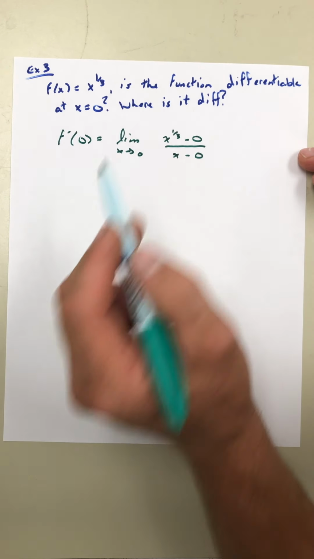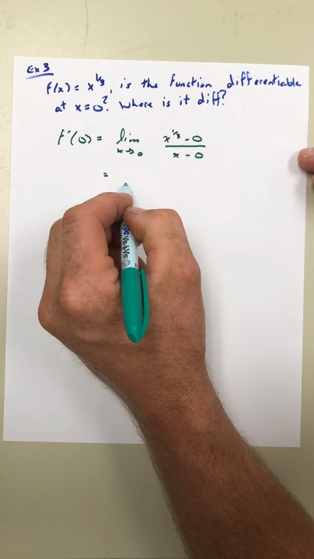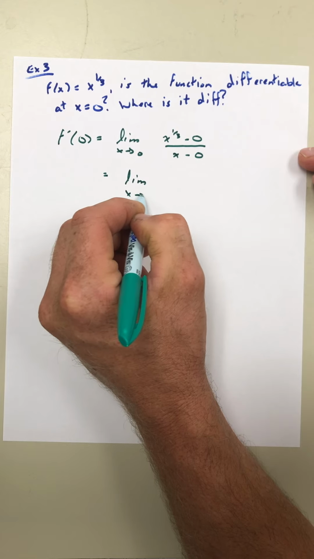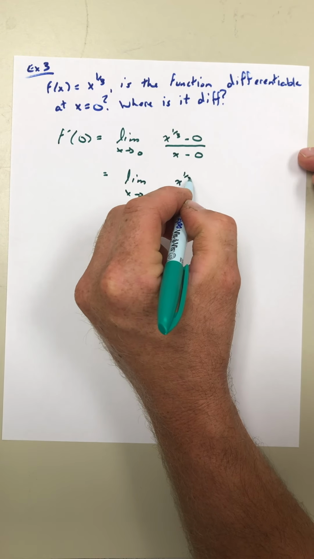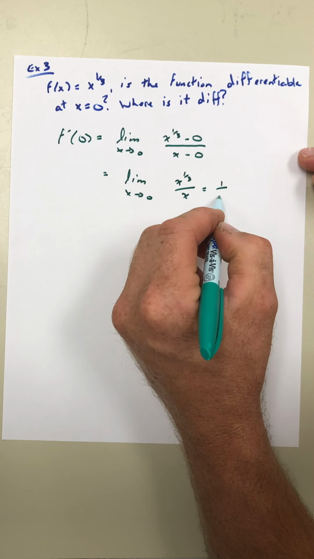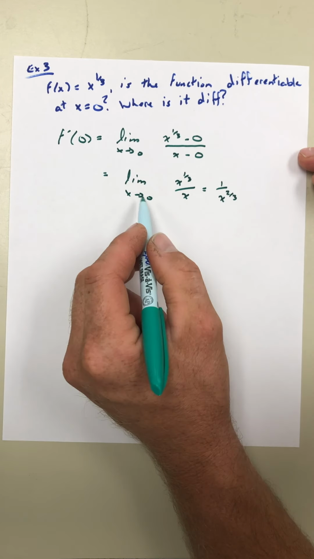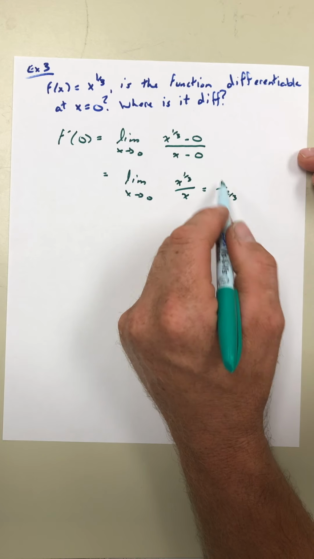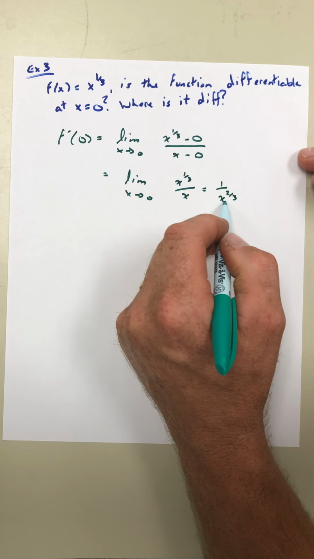Remember, we're plugging in our c values. Well, this gives the limit as x approaches 0 of x to the 1/3 over x. Simplifying that, we get 1 over x to the 2/3. If we were to plug 0 in, 1 over 0, that's undefined.